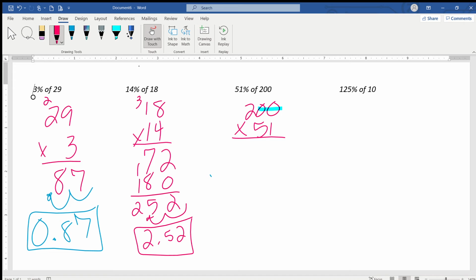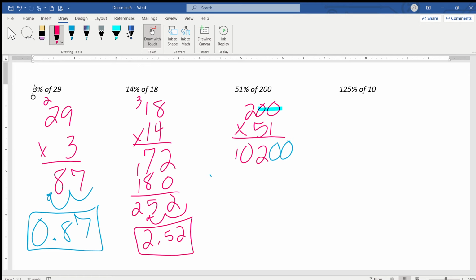So we're going to multiply 2 and 51. So 1 times 2 is 2. And then 5 times 2 is 10. Now I know you're like, but what about those zeros we just highlighted? So, okay, bring them down. We call this the zero trick. You can ignore the zeros when you multiply and bring them down at the end.